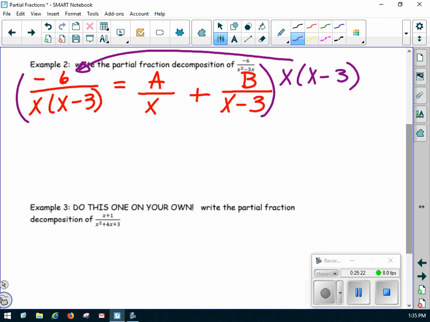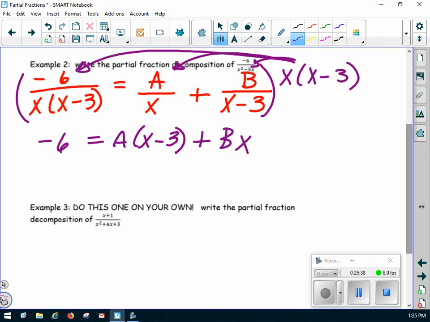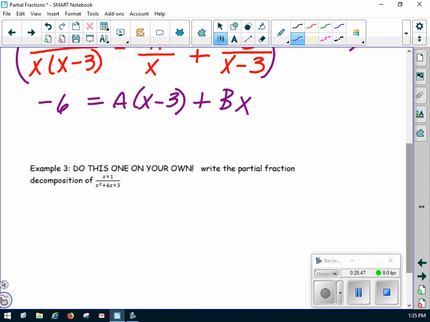Distribute x times x minus 3. What do you get? Negative 6 equals a times x minus 3 plus bx. Distribute and combine like terms.